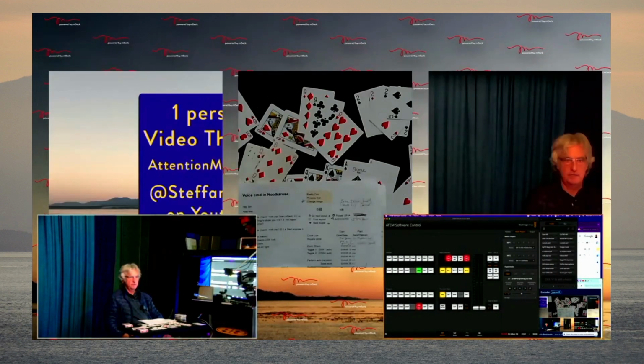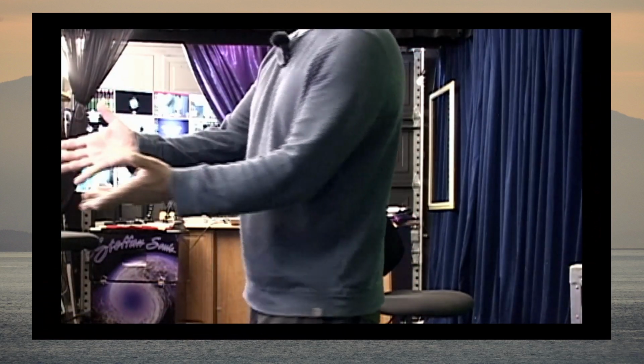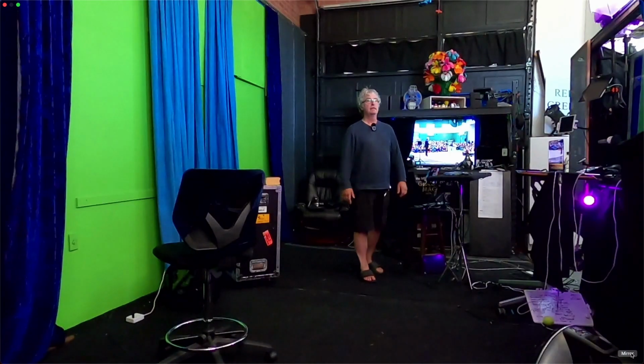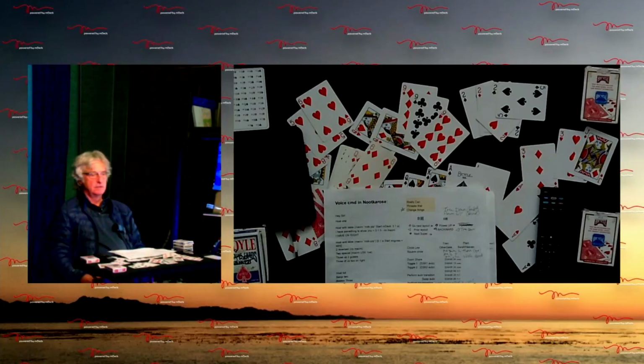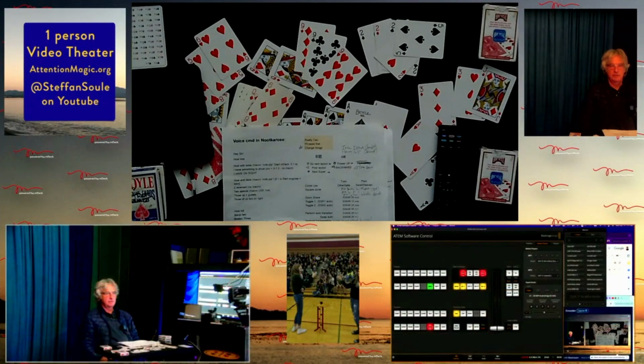So this is a movie right now, and this is close-up. Close-up and back to here. Those are all of the cameras, and then we have super source, which of course plays various things like this.